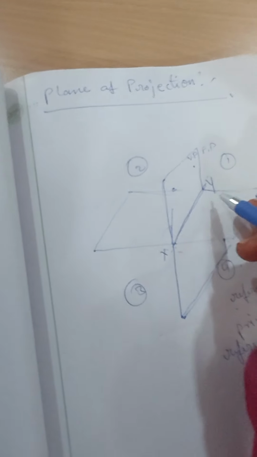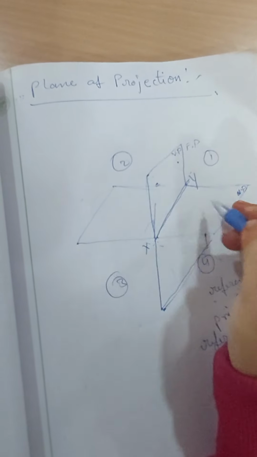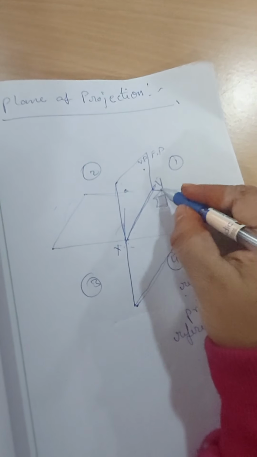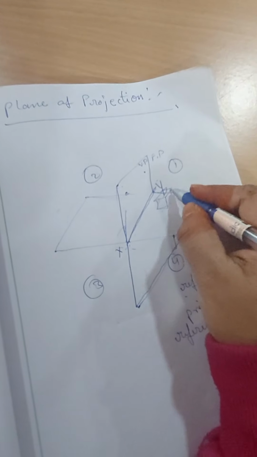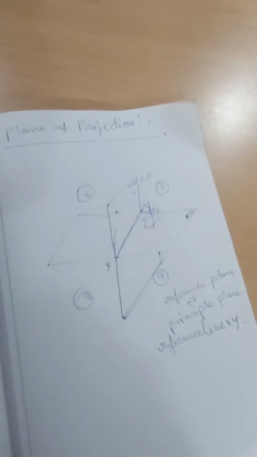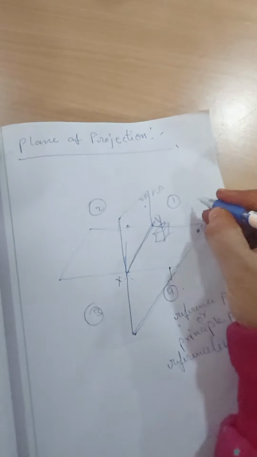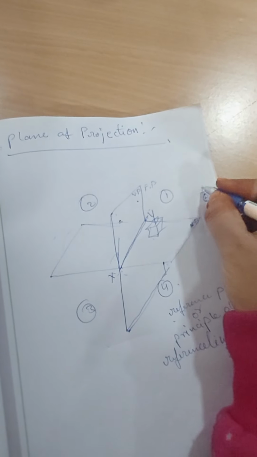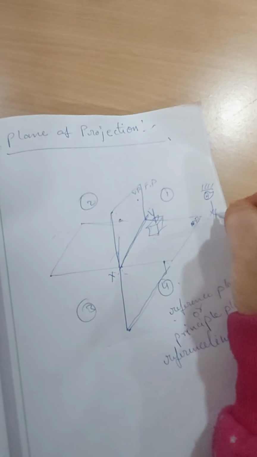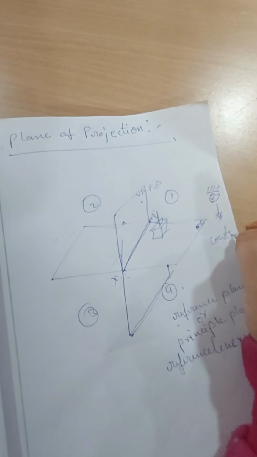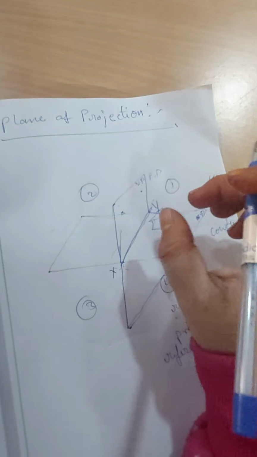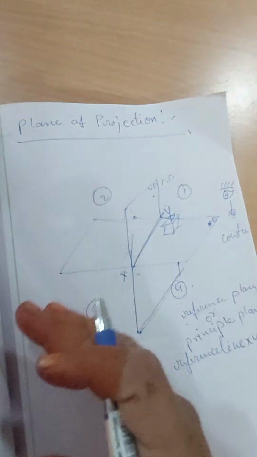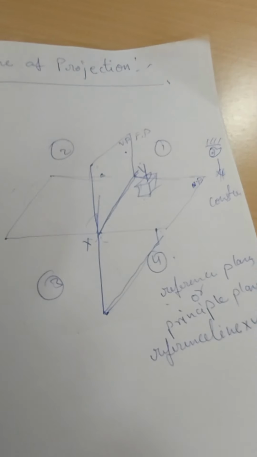If we place the object in the space between these two planes like this, this is the object placed in the first quadrant and this is the position of the observer. The position of the observer is always constant, but the object moves from the first quadrant to the second quadrant, second to third, and third to fourth according to the given conditions.